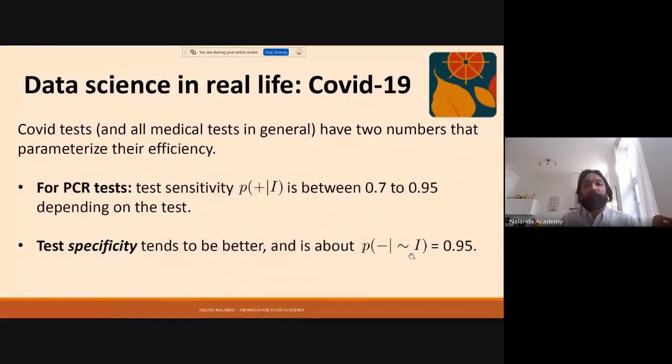Okay, so for PCR tests, polymerase chain reaction tests, these are the gold standard today in COVID and HIV and all virus testing mechanisms.